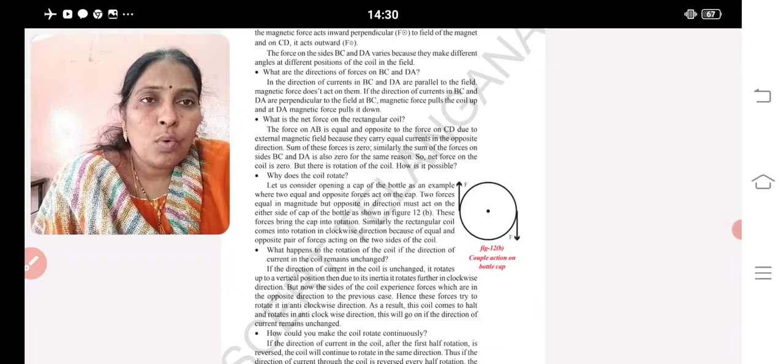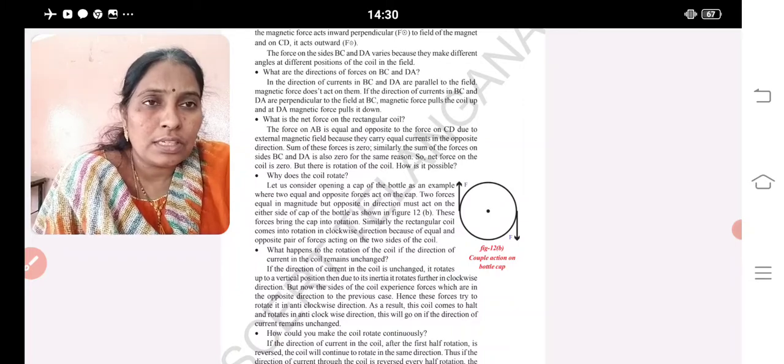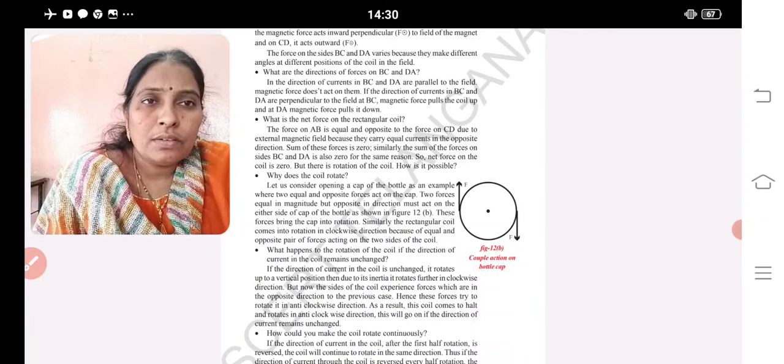Let us consider opening the cap of a bottle, an example where two equal and opposite forces act. Two forces equal in magnitude and opposite in direction must act on either side of the cap of the bottle. These forces bring the cap into motion.